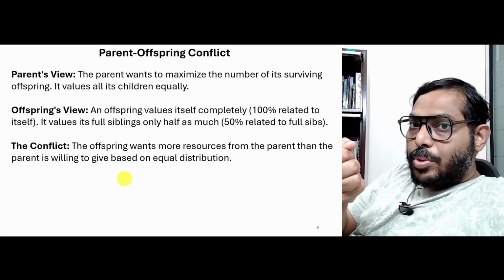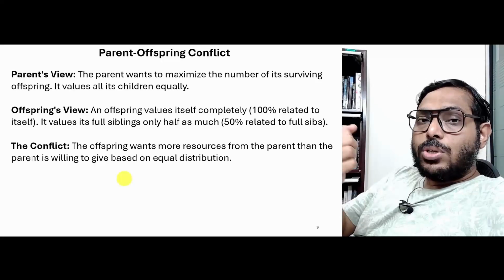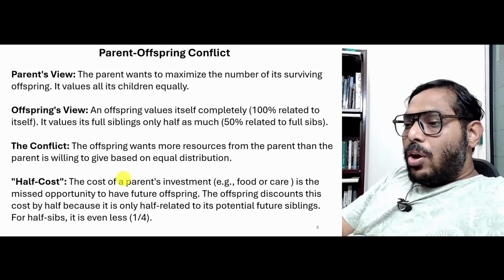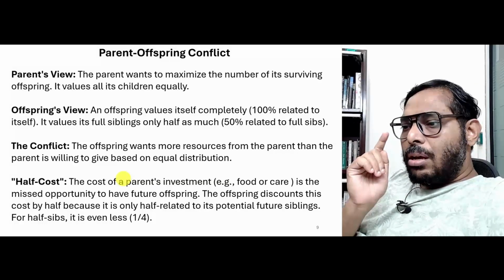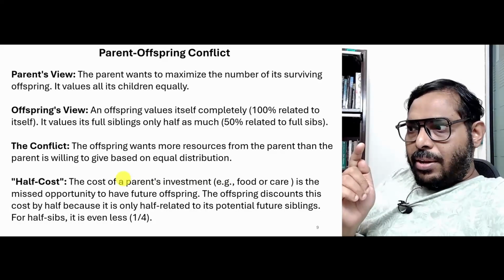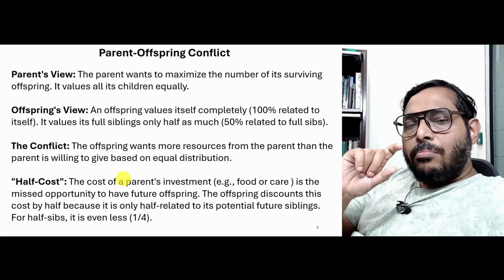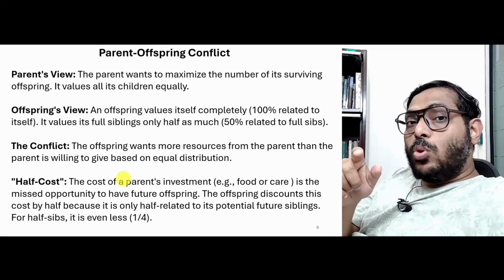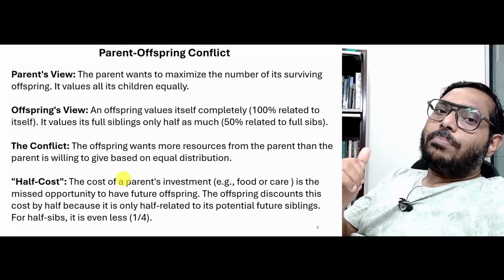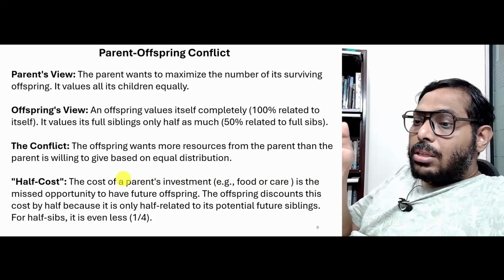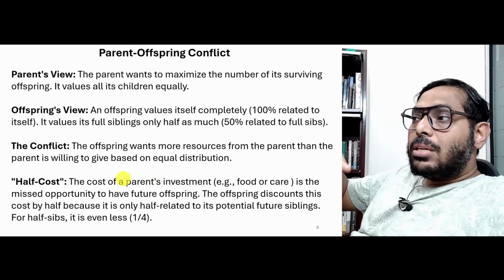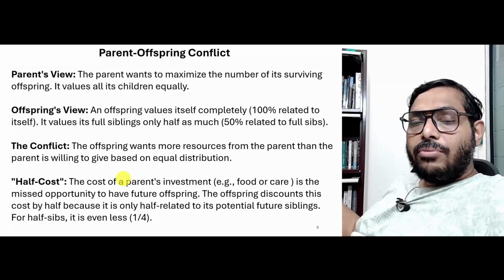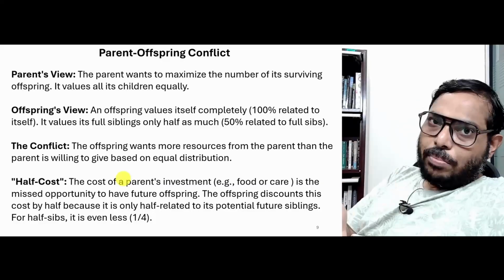The offspring wants to pull the resources more, and the cost to the parent is in terms of the missed opportunity to produce a future offspring, but the offspring is going to discount this cost by 50% because the offspring is after all related to its potential future siblings only by 50%.